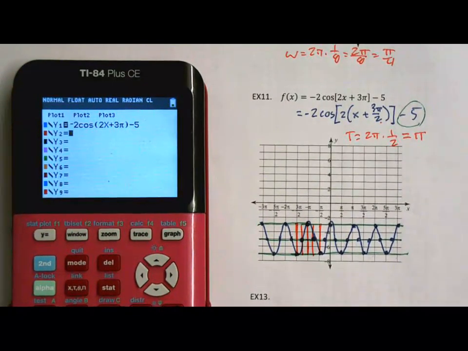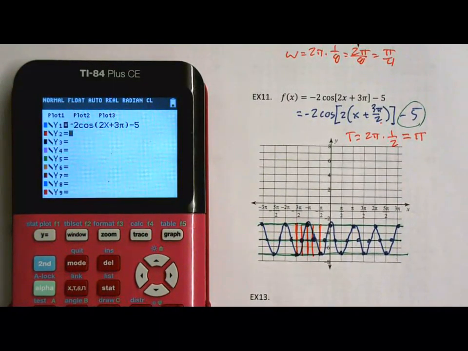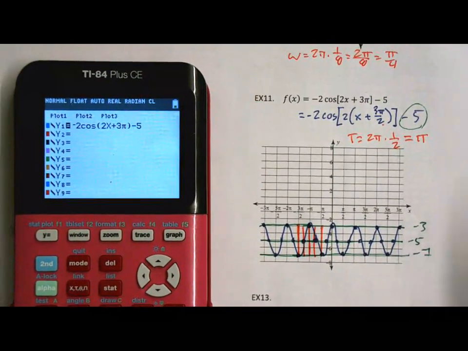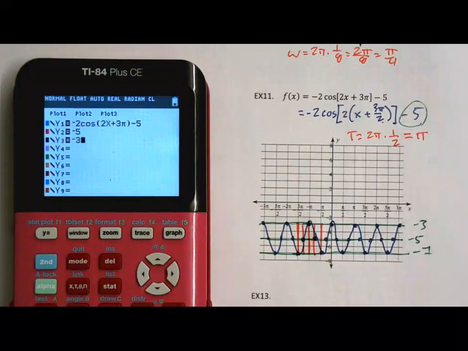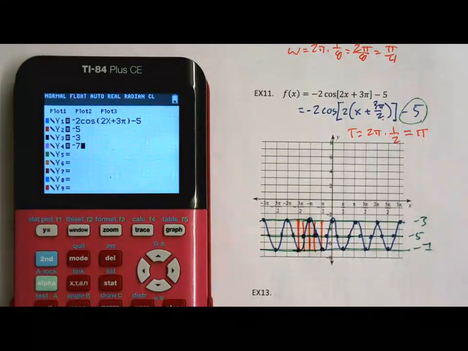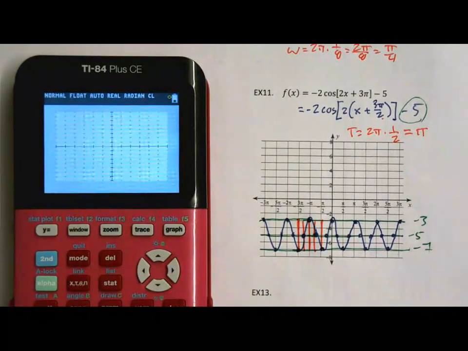And then I'm going to graph my 3 horizontal lines. One was at negative 5, one was at negative 3, and one was at negative 7. So negative 5, negative 3, and negative 7. I find that this helps me to check and make sure that my points are in the right place if I have those 3 horizontal lines graphed too.